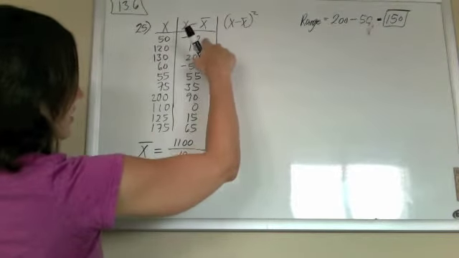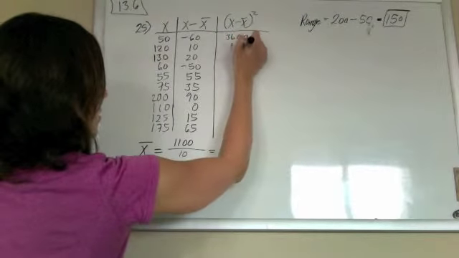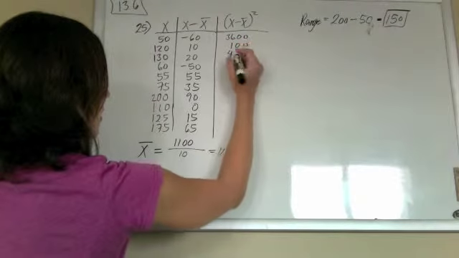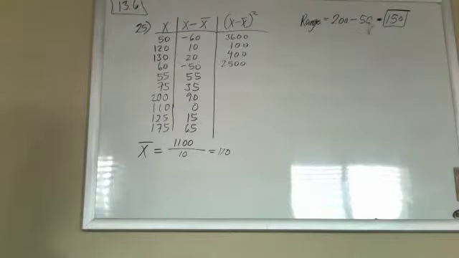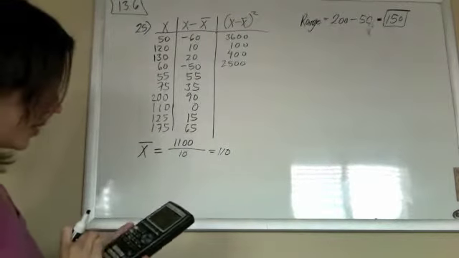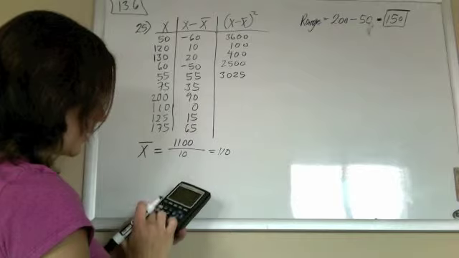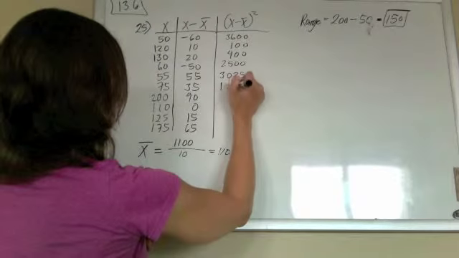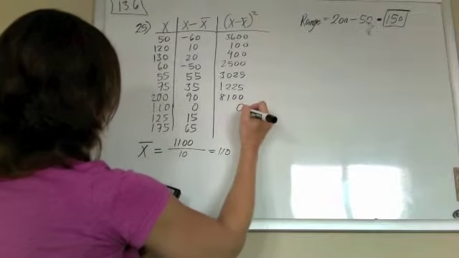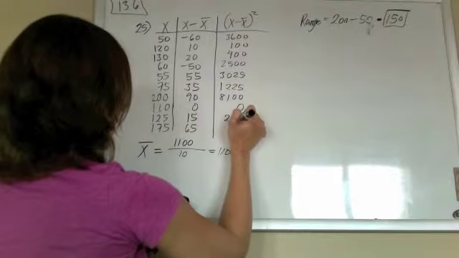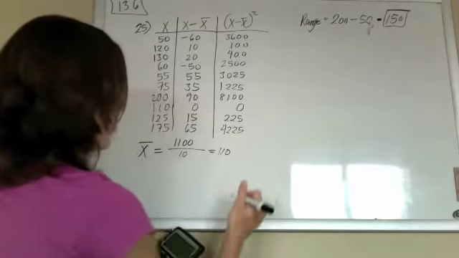So squaring each of these, negative 60 squared is 3600, 10 squared is 100, 20 squared is 400, negative 50 squared is 2500, 55 squared is 3025. 35 squared is 1225. 90 squared is 8100. 0 squared is 0. 15 squared is 225. 65 squared is 4225. Phew.